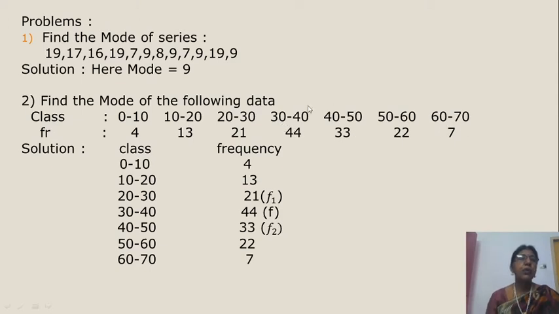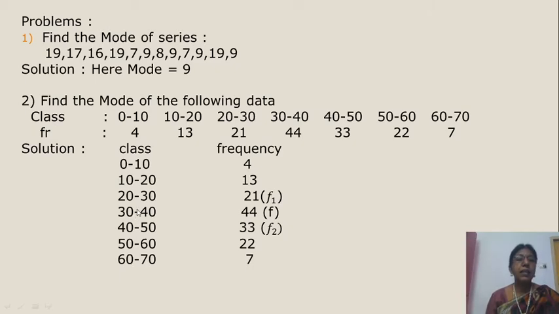Our aim is to find the mode of the given data. The first column is class intervals, the next is frequency. There are 7 rows, so 7 observations.